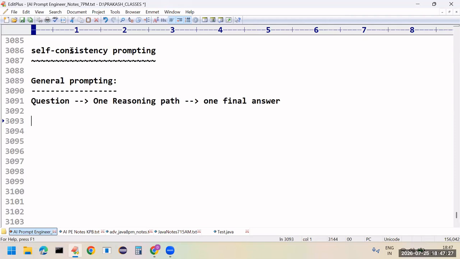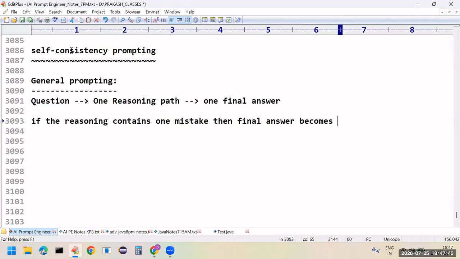Why do we need to go further? For example, consider that the reasoning contains one mistake, then the final answer becomes wrong. Correct? Because you are providing only one path.